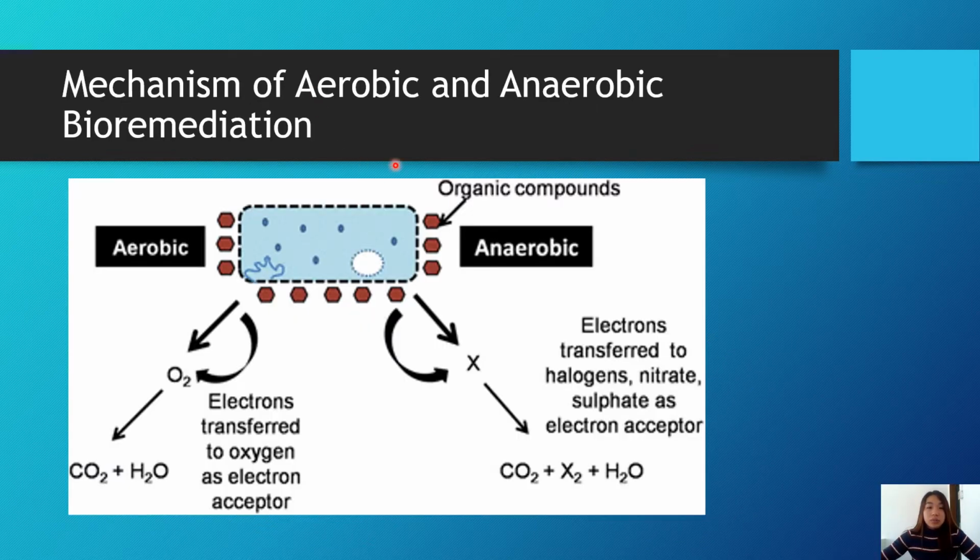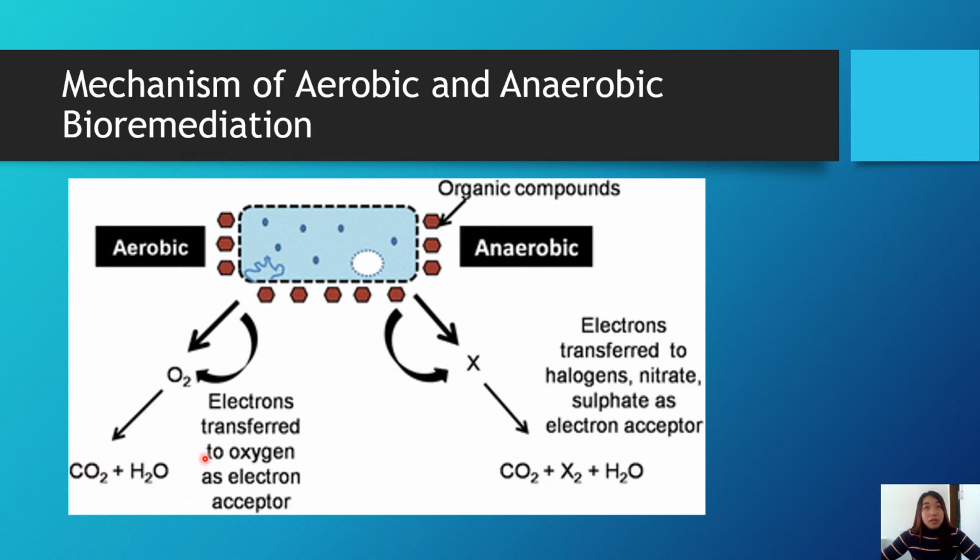So, the mechanism of aerobic and anaerobic bioremediation: we have aerobic microorganisms and anaerobic microorganisms. The organic compounds, or the residues from the pesticides: the aerobic microorganisms use oxygen as their electron acceptor, and their final products are carbon dioxide and water.